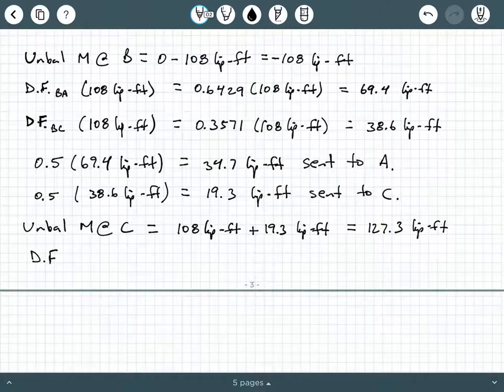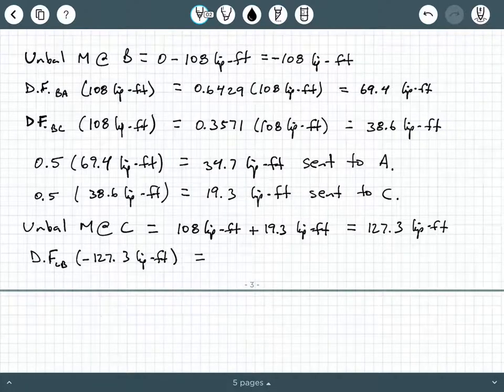And now we're going to take our distribution factors that we're utilizing at C, okay? So we're going to first look at the distribution factor that's infinitesimally to the left of C, which is CB, distribution factor CB, times the negative of this unbalanced moment, because we're trying to balance it now, so we need to negate that value. So minus 127.3 kip feet.